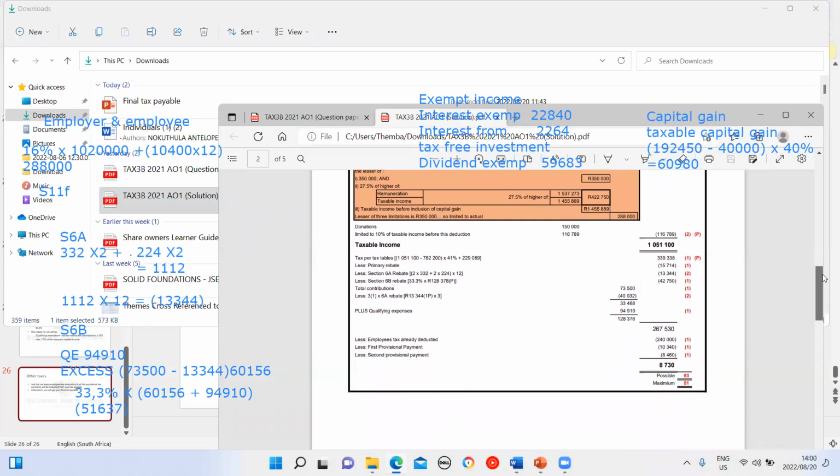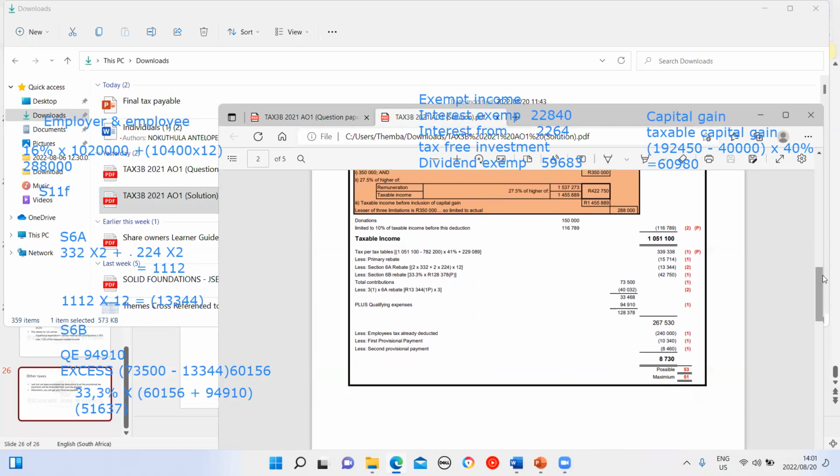So yeah, the solution is what I said, but the thing is I did something wrong in terms of section 6B, but the rest, everything is right.